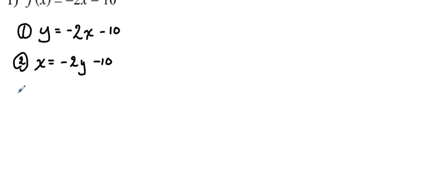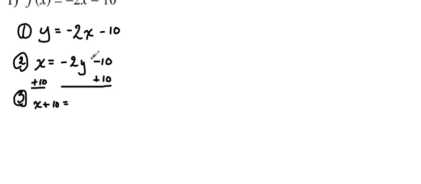Our next step, step 3, is to get the variable y by itself. Now, in this particular problem, it's not too difficult. The first thing we want to do is to add 10 to both sides. So on the left side, we are going to have x plus 10.